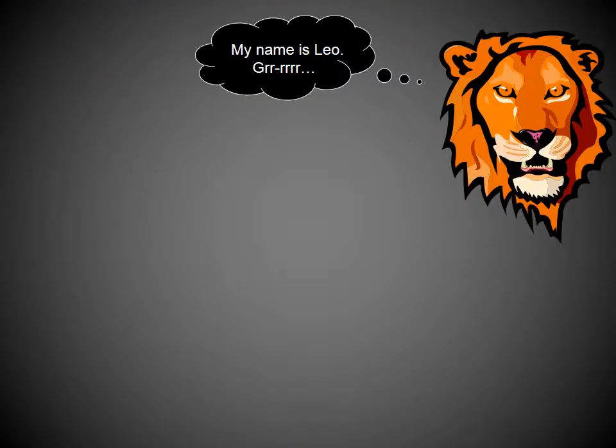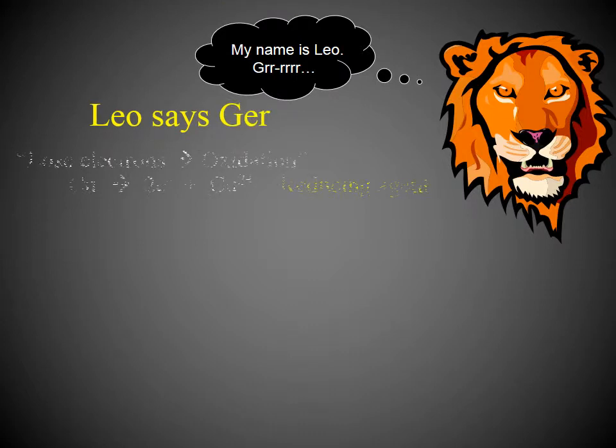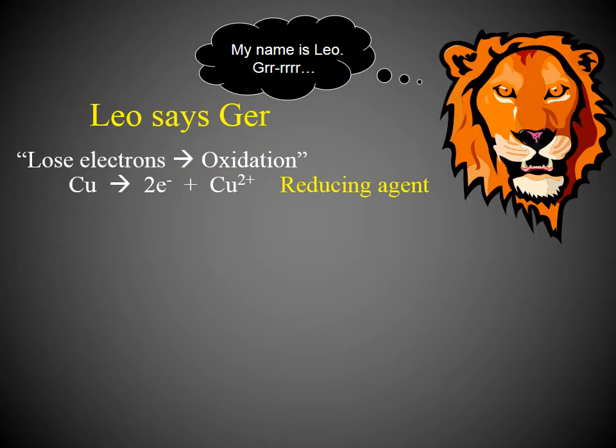So let's now remember some of the important terminology used in redox reactions. Here's a good way of remembering. Leo says Ger. Leo stands for lose electrons, oxidation. From the previous slide, copper went to copper 2, therefore it lost electrons and it was being oxidized.